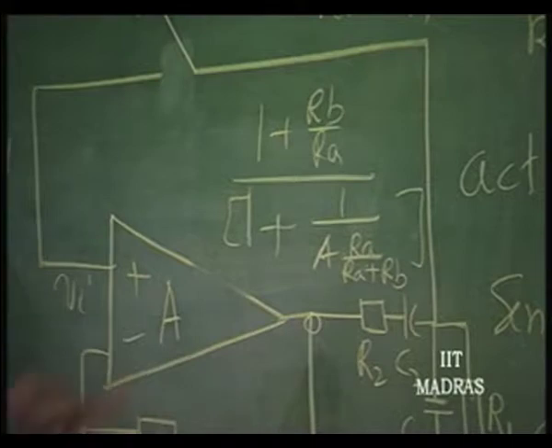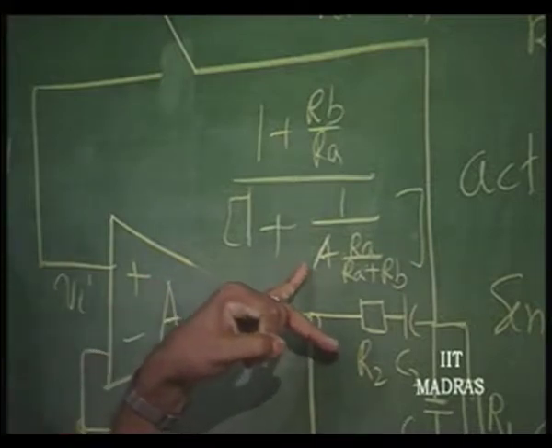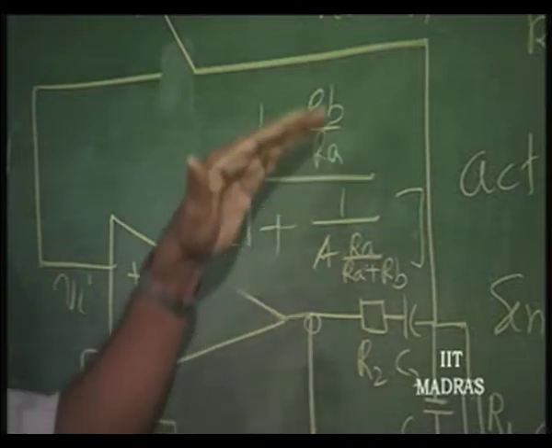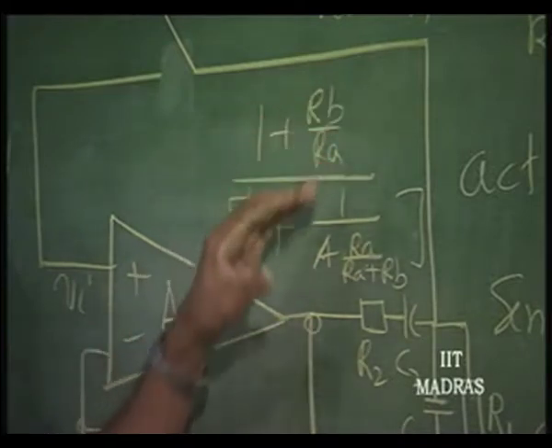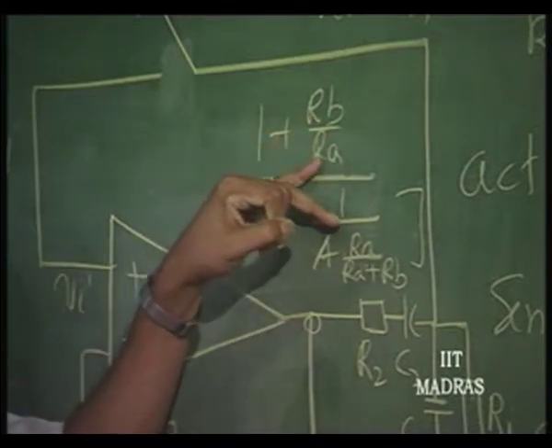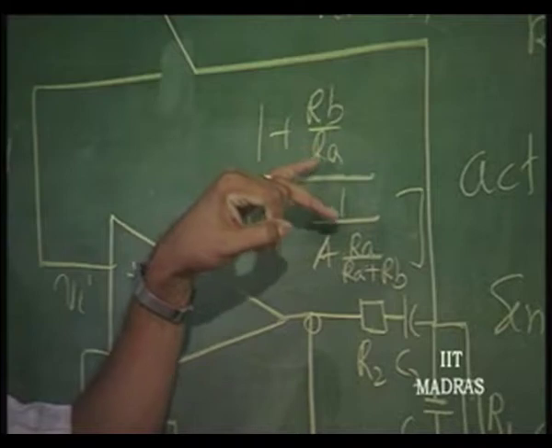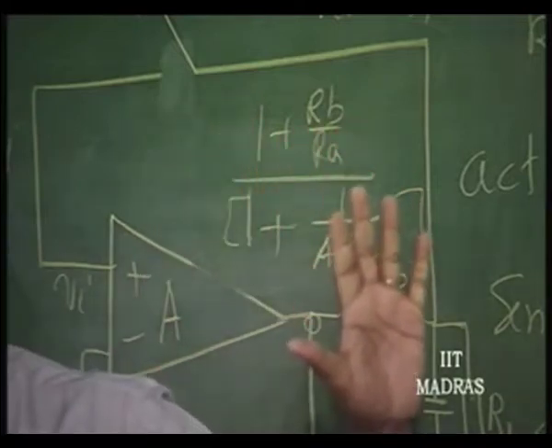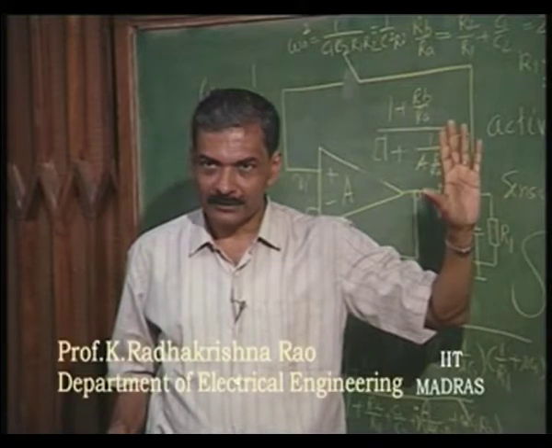If A is real and equal to A naught, there is no problem. It is less than 1 plus R B by R A by a certain amount. I have to make R B by R A slightly higher than 1 plus R 2 by R 1 plus C 1 by C 2, that is, close to 2 but slightly higher than 2. Still, the frequency of oscillation is not going to be disturbed. Is this clear?